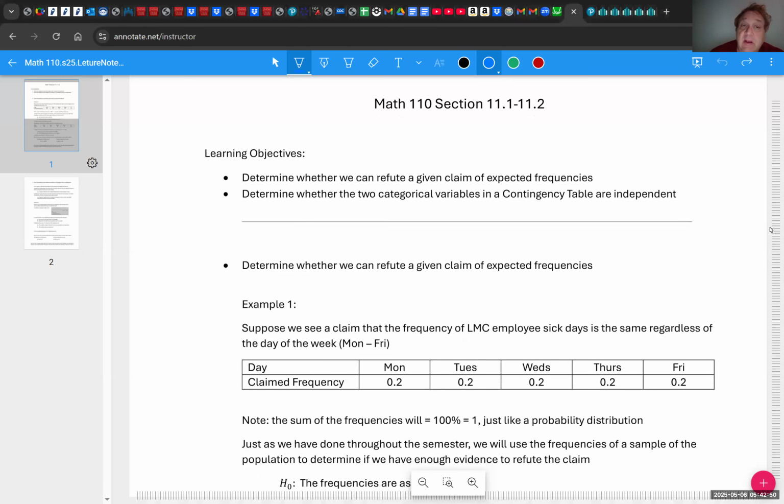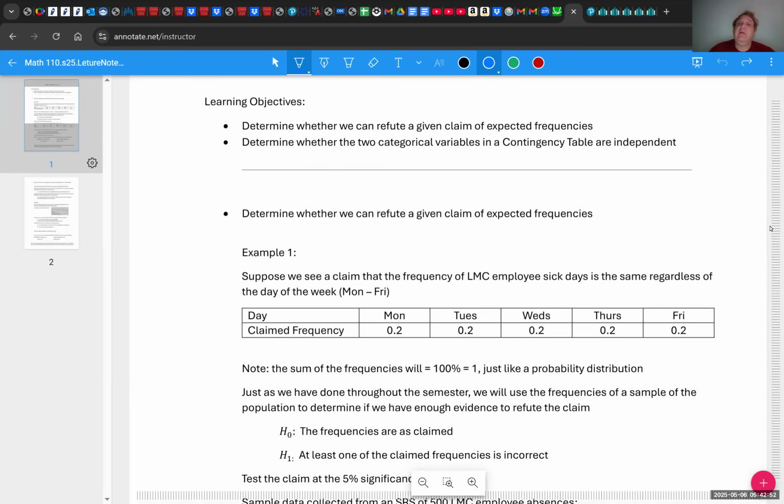Okay, so our first objective is to determine whether we can refute a given claim of expected frequencies. Frequencies or probabilities, or how often something happens, you have lots of experience with. If you have knowledge of games of chance, the roulette wheel has a certain chance to land on a number, and you have a certain chance of showing up to work or whatever.